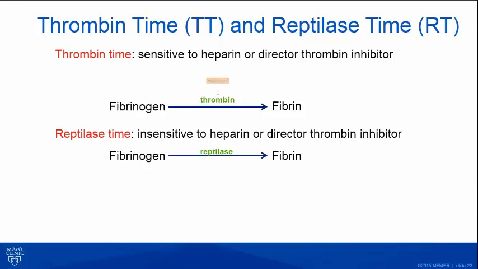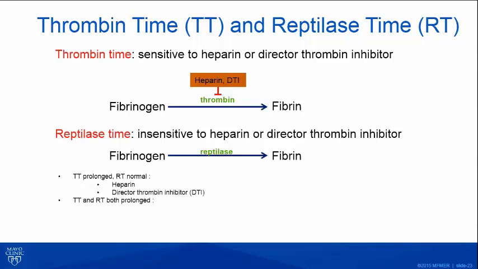The difference is that thrombin is sensitive to heparin and direct thrombin inhibitor inhibition. However, reptilase is resistant to heparin or direct thrombin inhibitor effect. So therefore, a prolonged thrombin time with a normal reptilase time indicates there is presence of heparin or direct thrombin inhibitor in the sample.